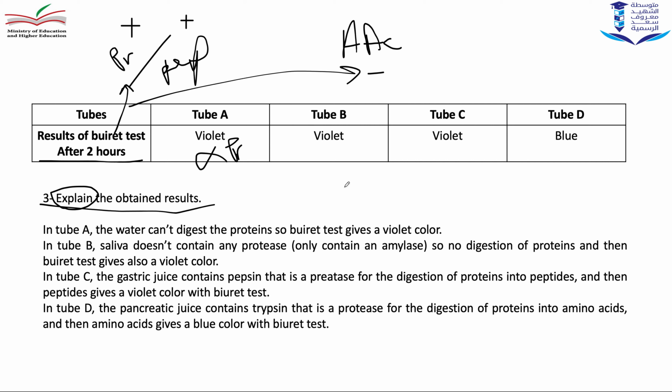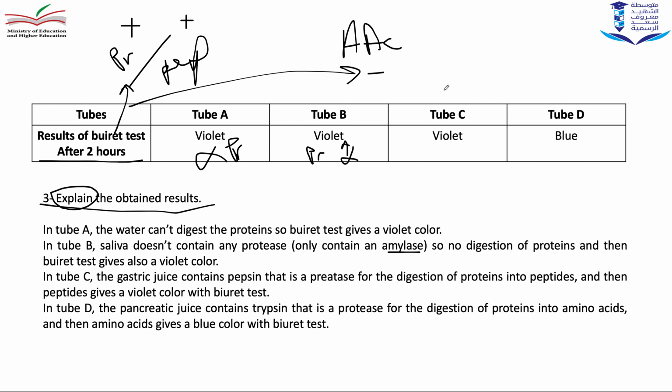It has no enzyme specific to digest protein. It has only amylase, which is not specific to digest proteins. So protein stays protein and the test will give violet color.